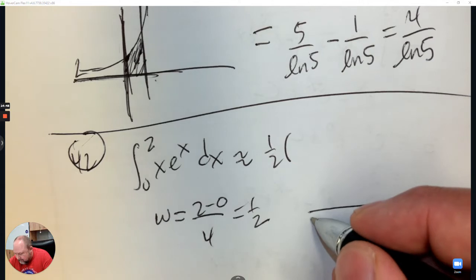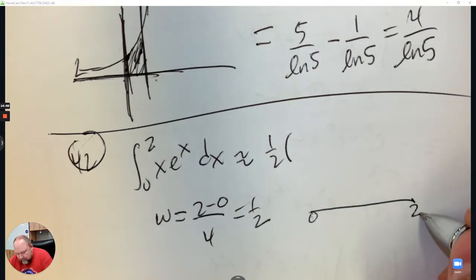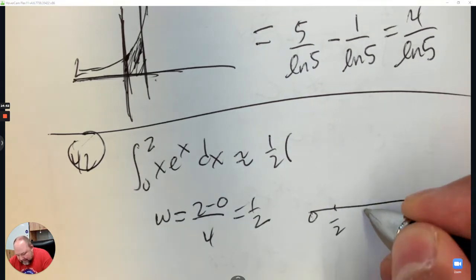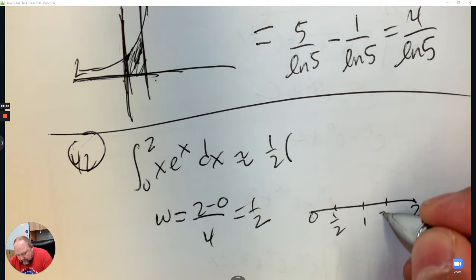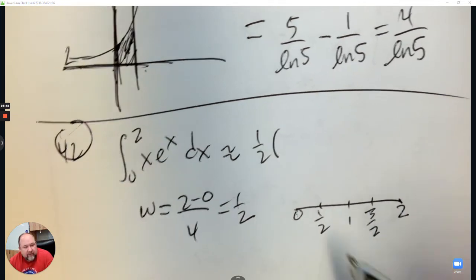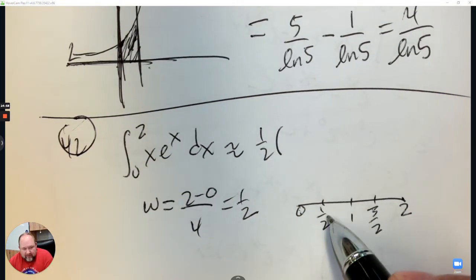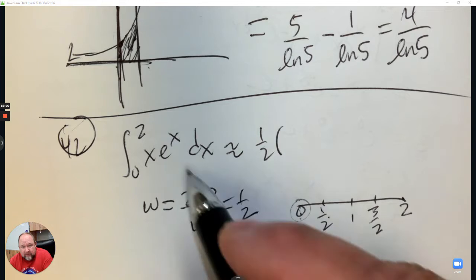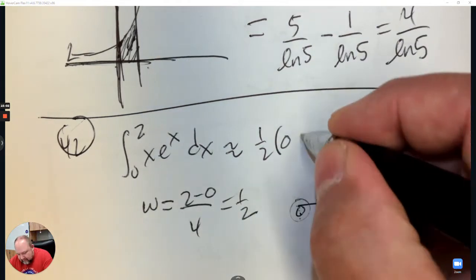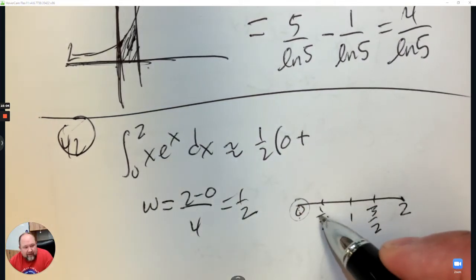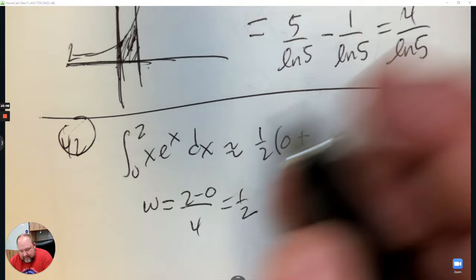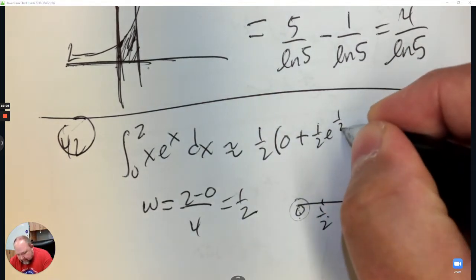Sometimes it's good to draw a number line, and we go from 0 to 2 and realize that every half creates the rectangle. So the first rectangle goes 0 to 1/2. A left would mean I use 0, plug it in, and that height is 0. The next goes 1/2 to 1, so I'm going to use 1/2. I'm not simplifying it.